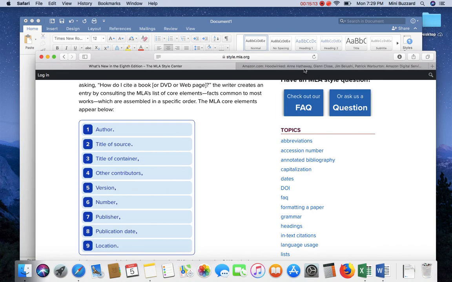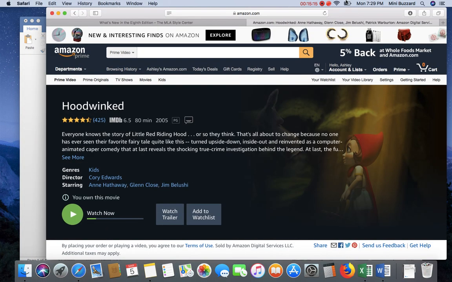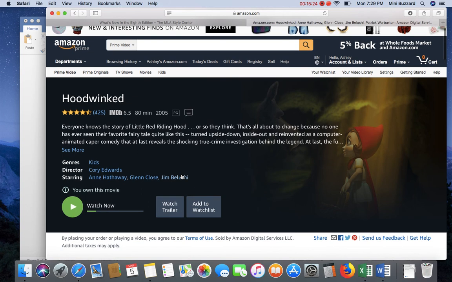Same thing goes for if you're watching a film on a streaming service, right? There's a bunch of stuff. This is a container within a container within a container, because you have a film that was written by some people, created, have a director, it has actors in it, it comes out at a certain time, there's a length that the film is, and you want to put in whatever you're emphasizing.